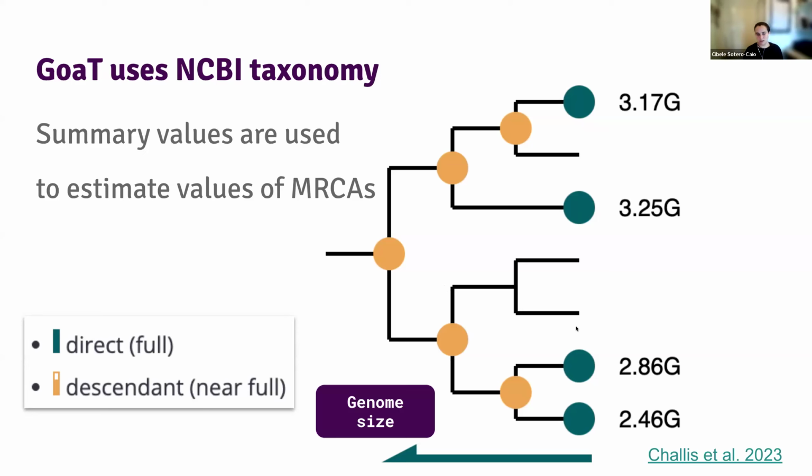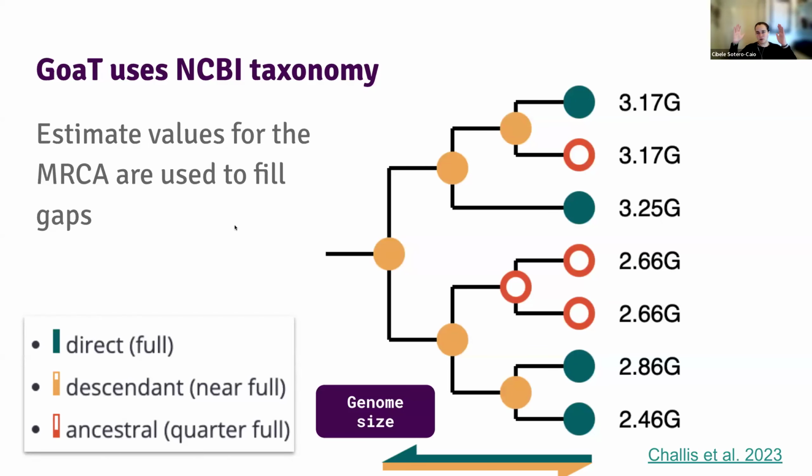Wherever there is no data, it keeps filling up with this summary value. And then GOAT comes back, filling up whatever is missing data with the estimates from the most recent common ancestor node. And this is used to fill the gaps. So let's say that we have here these two species, right? There is this value, and here a full clade with missing data.